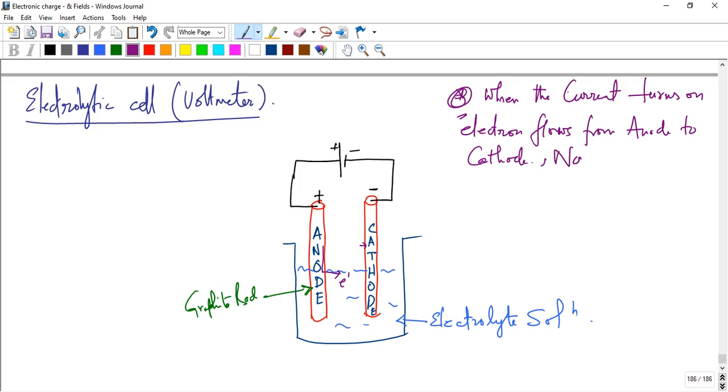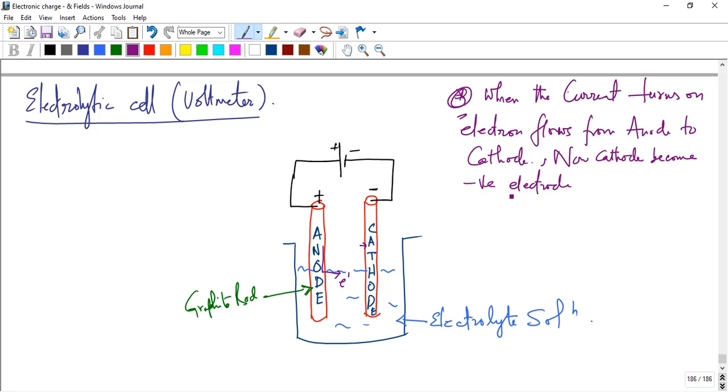The anode becomes positive because it loses electrons and gains positive charge. The anode leaves its electrons to the electrolyte solution, and the cathode gets electrons from the electrolyte solution. That's very important.